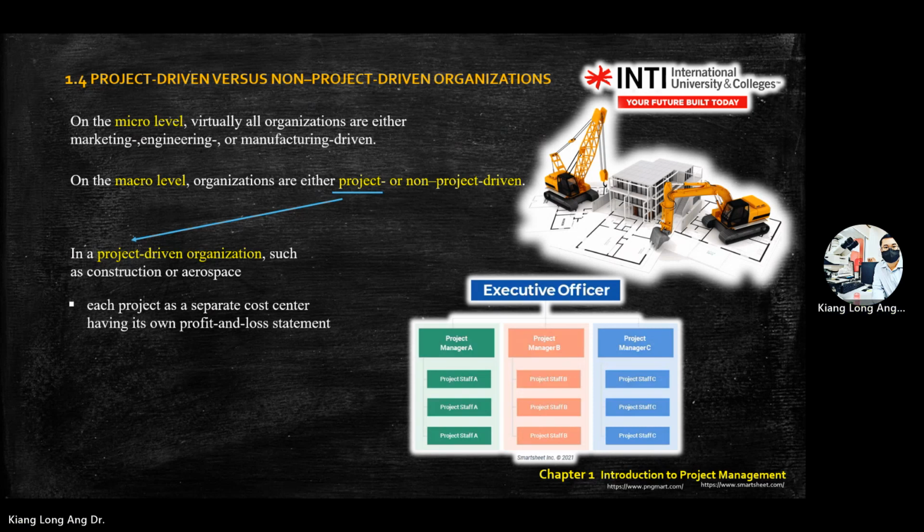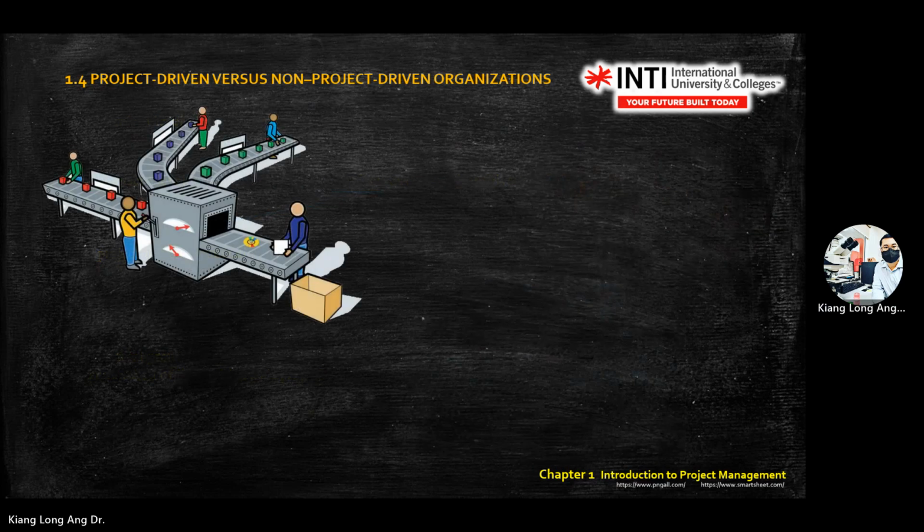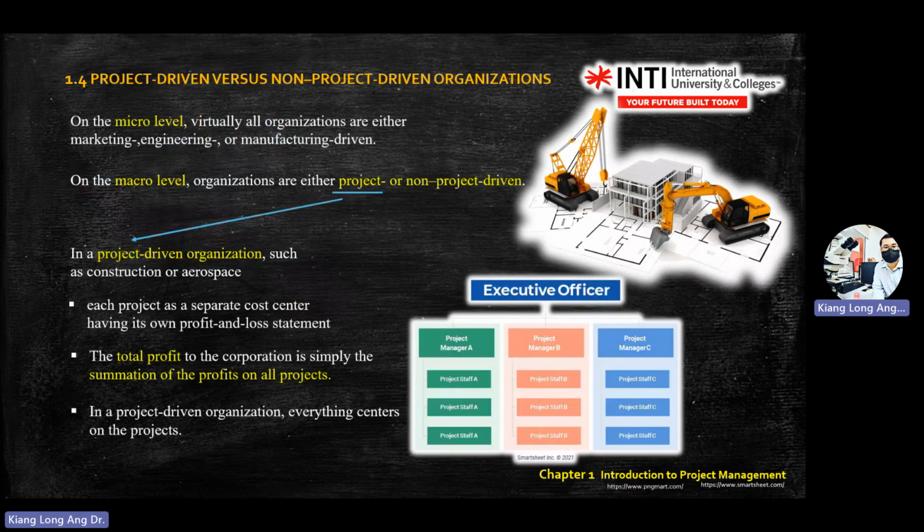Okay, so for example, in a project driven organization, they have project A, project B, project C. Each project has to present its own P&L, or project profit and loss statement, showing the performance of each project. Under project driven, the total profit of the corporate is simplified by the summation of the profit of all projects.